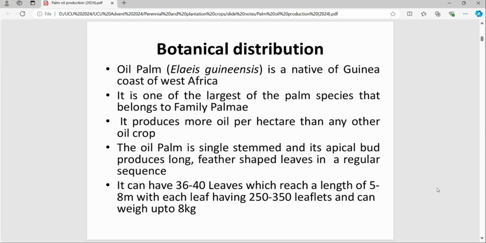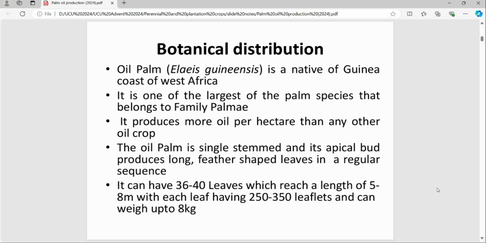So this particular species produces much more oil per hectare compared to any other oil crop that is known. The oil palm is a single-stemmed plant, and it has an apical bud which produces long feather-like leaves which are in a regular sequence on the stem.